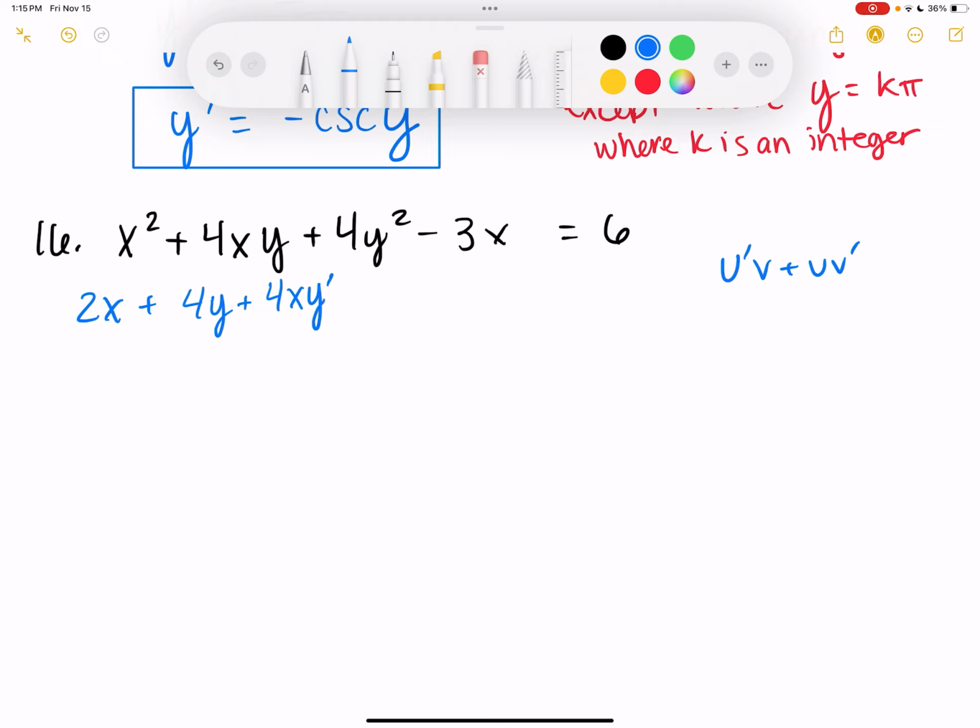So that was reasonable. Plus 8y prime. I forgot. Minus 3 equals 0.